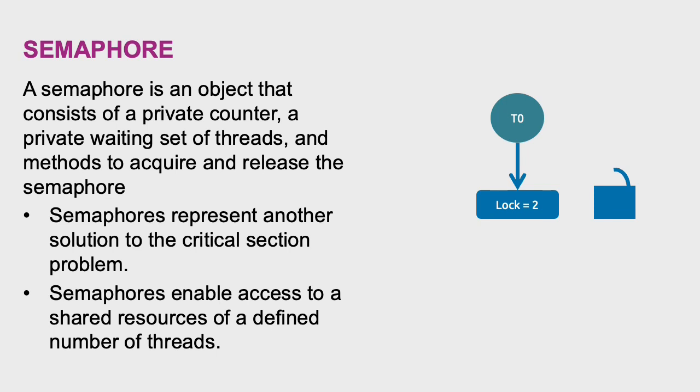So basically here it's just like having a lock that enables the access to two threads. So in the beginning, when the lock is open, the lock is set to 2, which is the number of threads that are enabled to access the critical section.